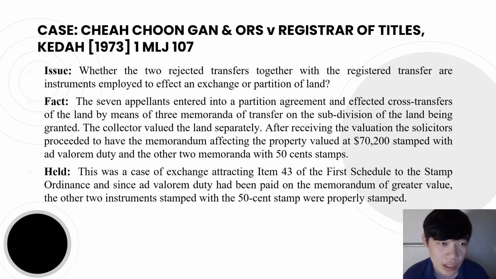After receiving the valuation, the solicitors proceeded to have the memoranda affecting the property valued at $78,000 stamped with ad valorem duty and the other 2 memoranda with 50-cent stamps. When they presented the stamped memoranda for registration, the collector accepted the memoranda of transfer stamped with the ad valorem duty only but rejected the other 2 on the ground that they were not properly stamped.